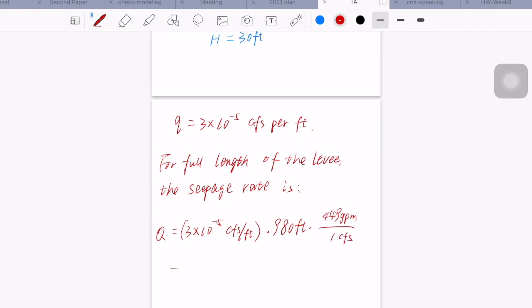So we can determine that the seepage rate Q is 13.2 gallons per minute. We finished this problem.